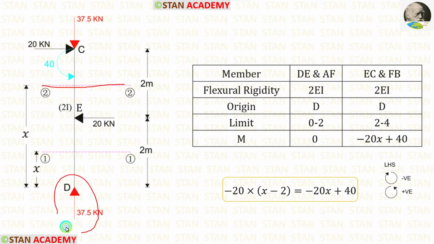For this vertical reaction, there is no perpendicular distance. This horizontal load is acting towards the section in the clockwise direction, so it will be negative. For the distance, we have to take this distance, which is x minus 2. Let us multiply minus 20 with x minus 2. When we do that, we will get this.